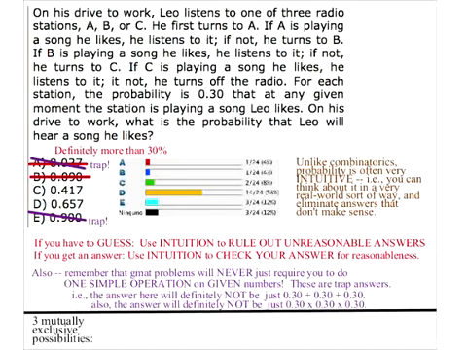Either you get the song on the first station, or, if it's not on the first station, you get it on the second station. Or the last possibility is that it's not on either of the first 2 stations, but you get it on the third station. Those are mutually exclusive possibilities. So that's why you have to do it this way.